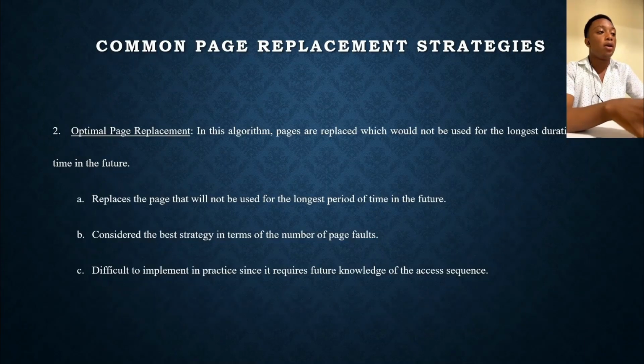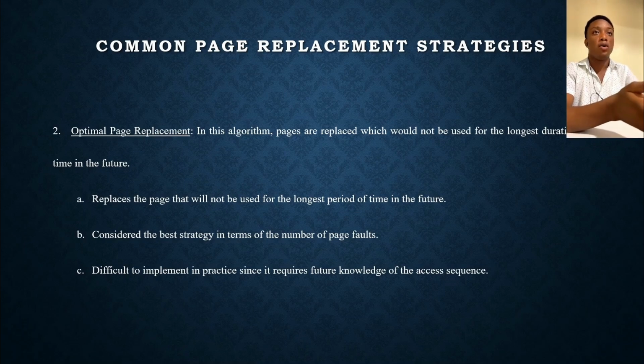Now let's move on to the second page replacement strategy, optimal page replacement. In this algorithm, pages are replaced which would not be used for the longest duration of time in the future.